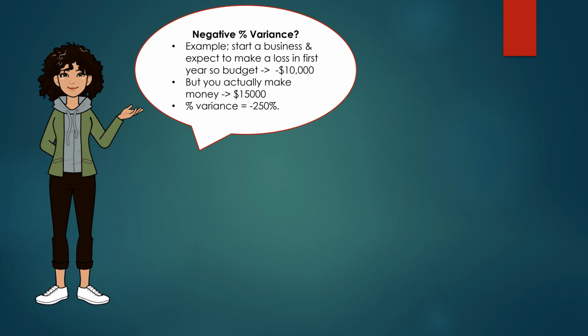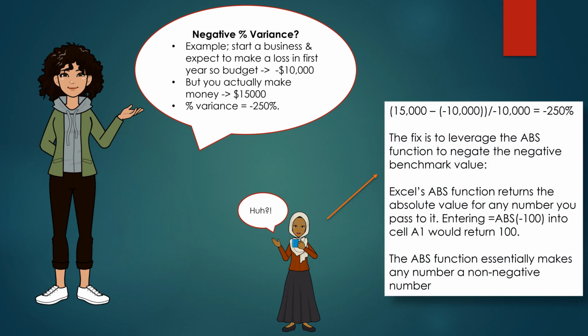The problem is that when a benchmark value is a negative number, the math inverts the results, causing the numbers to look shaky. This is a real problem in the corporate world, where budgets can often be negative values. In order to fix this, we can leverage the absolute function to negate the negative benchmark value.